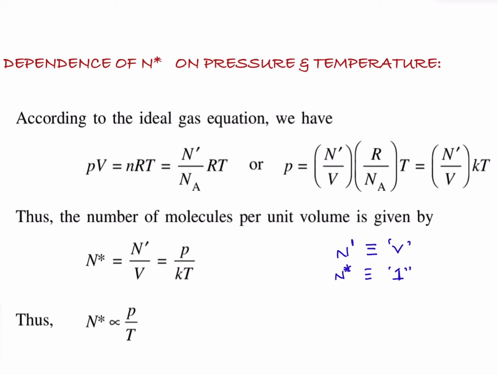If you do cross multiplication, you will get that n star is equal to n prime by V. So n prime is the total number of gas molecules present in a volume V. If you want to find the number of molecules present in unit volume, that will be n prime by V. So n prime by V is equal to n star.